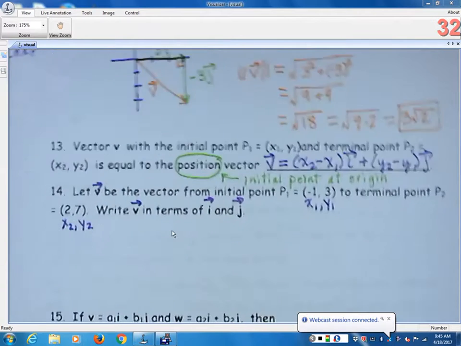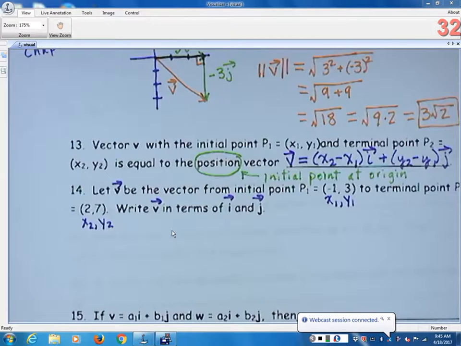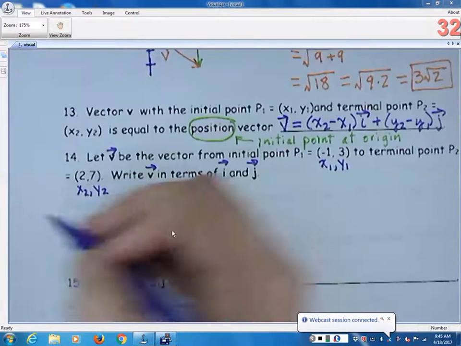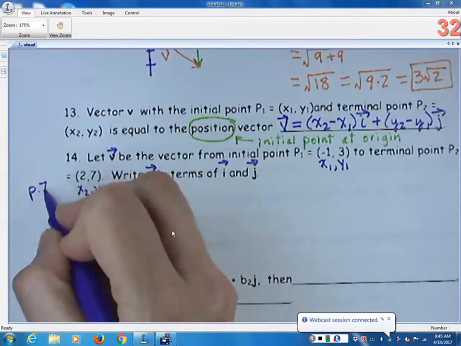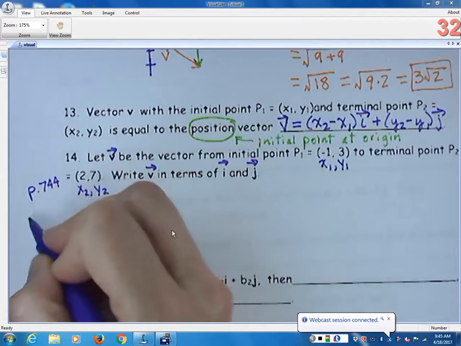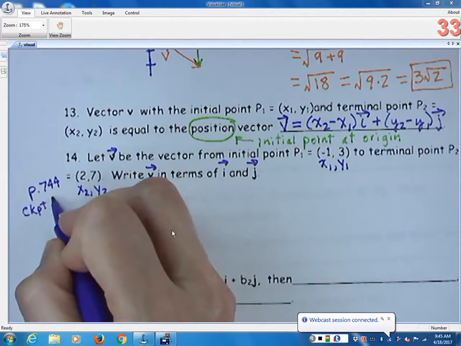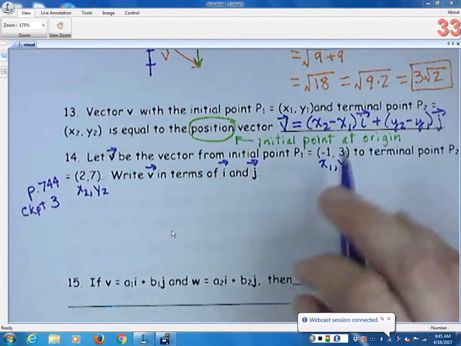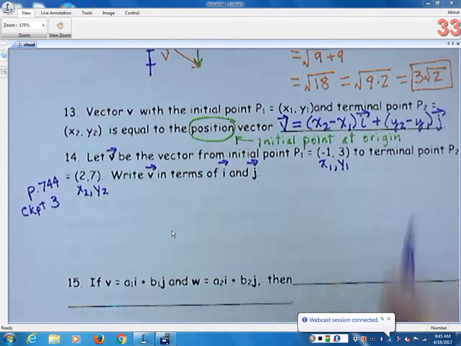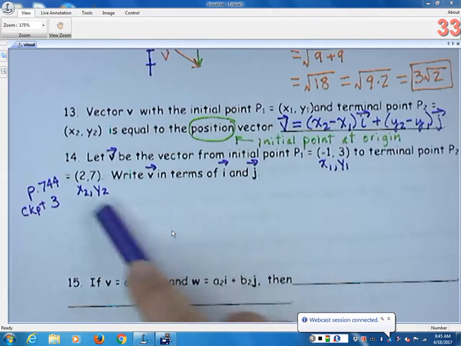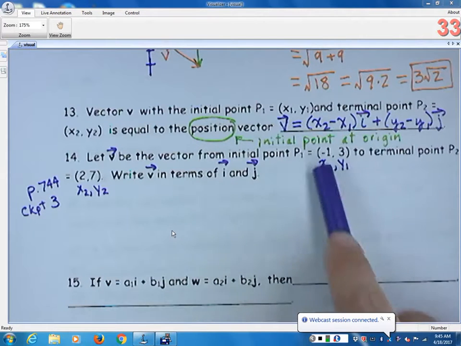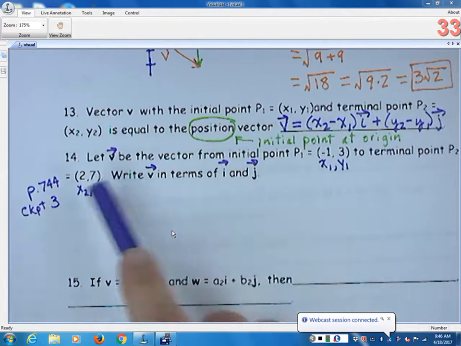This is page 744, checkpoint 3. Okay, so we're just going to use this formula. But you do need to identify, this is your point 1. The initial point has to be point 1. The terminal point has to be point 2.